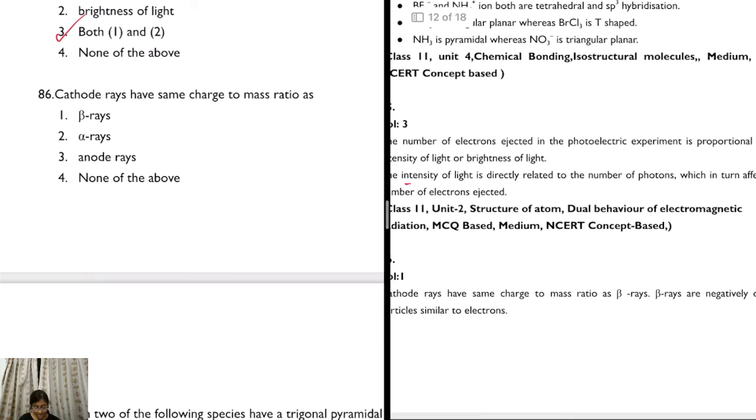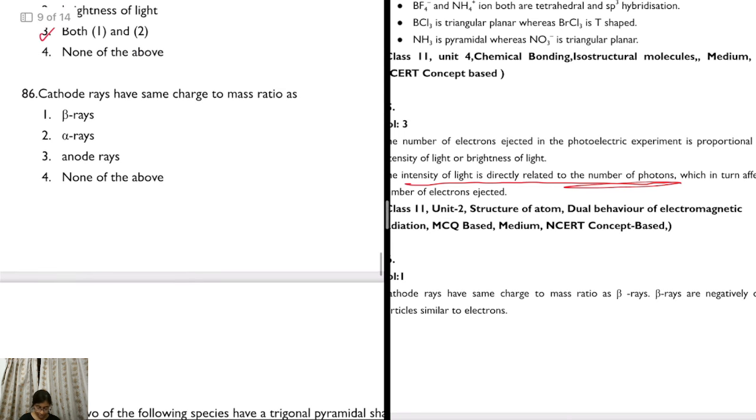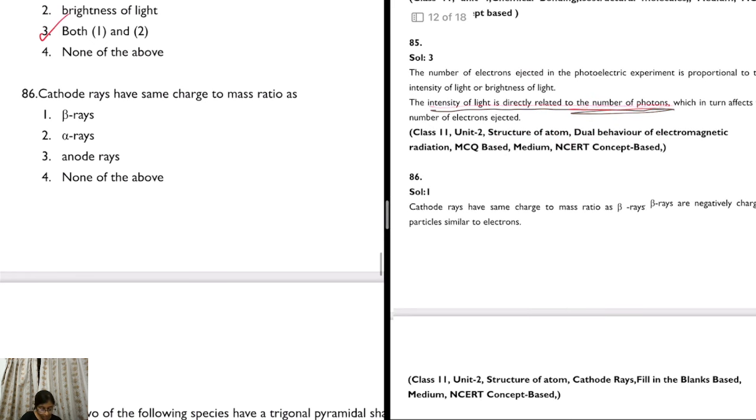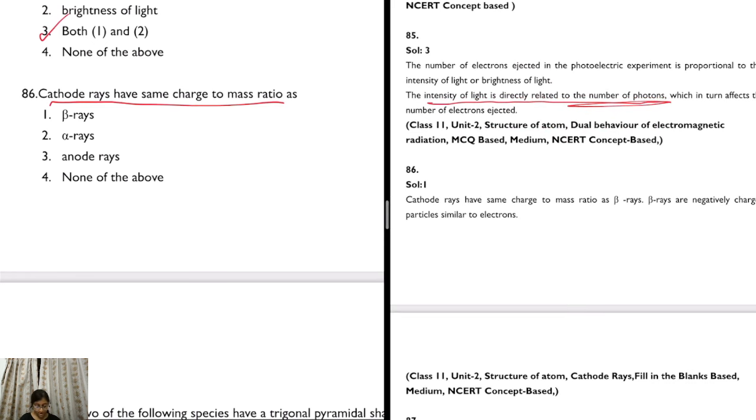Because intensity of light is directly related to the number of photons. The more intense the light is, the more the number of photons and the more electrons ejected. Now in the next question, cathode rays have the same charge to mass ratio as beta rays because beta rays are negatively charged particles similar to electrons.